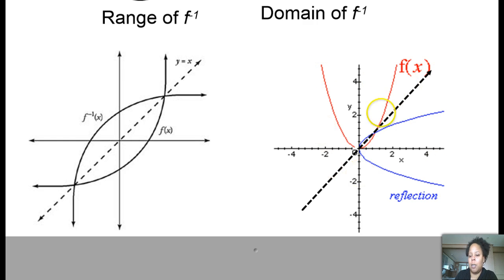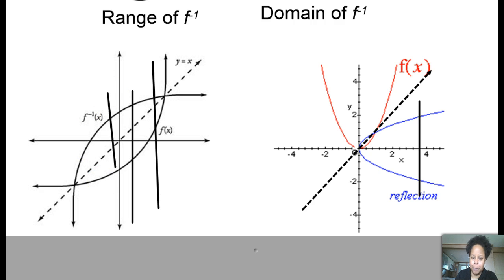But the blue graph has a problem because for each input you have more than one output. It fails the vertical line test. So in this case the function's inverse is not a function, whereas this other function's inverse is a function because it passes the vertical line test. For each input, there's only one output on the line f inverse of x.